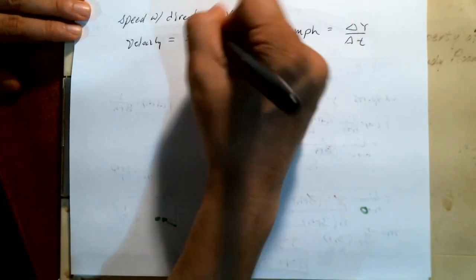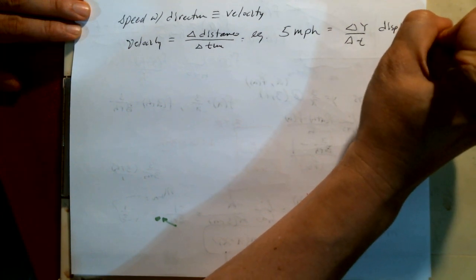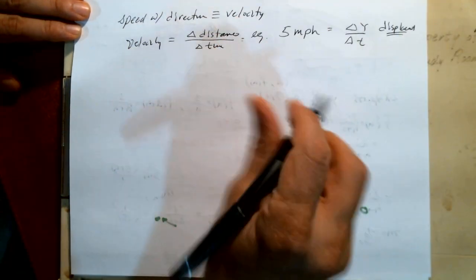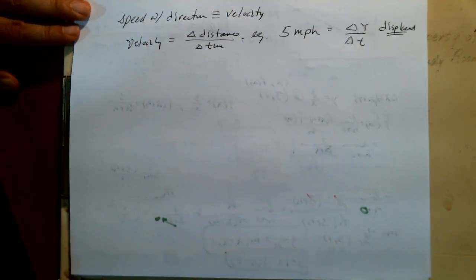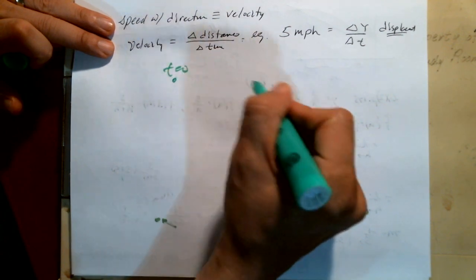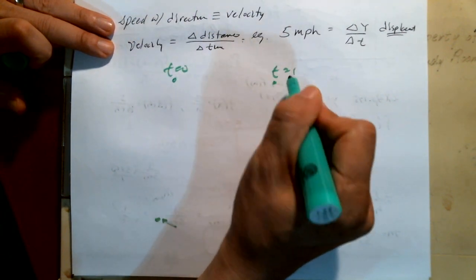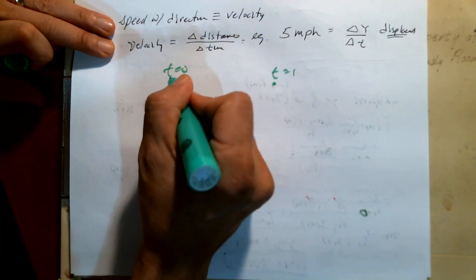This is called, the book calls this displacement. Another word for displacement: if I start at this point right here, t equals 0, and I end up at t equals 1, it could be 1 hour, 1 minute, 1 second, 1 day, whatever.